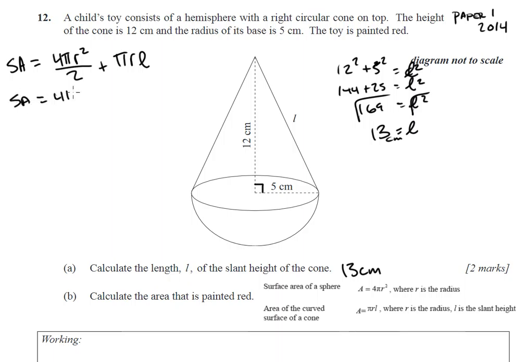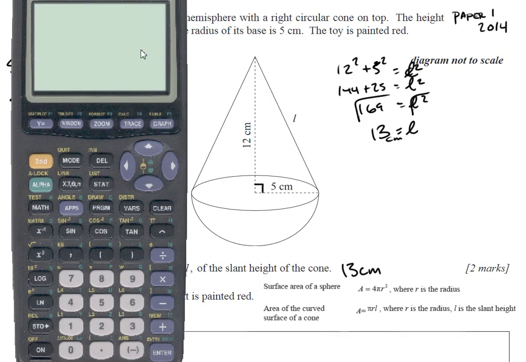So we have 4 pi times our radius, 5 squared, all over 2, plus pi times 5 times 13. Again, we're just going to calculate that out.